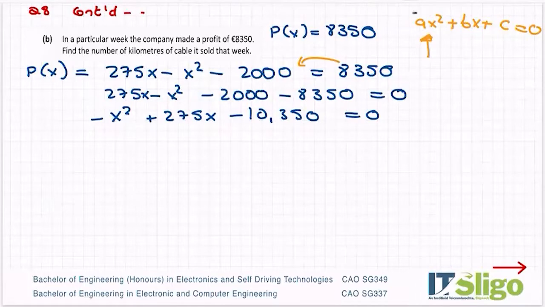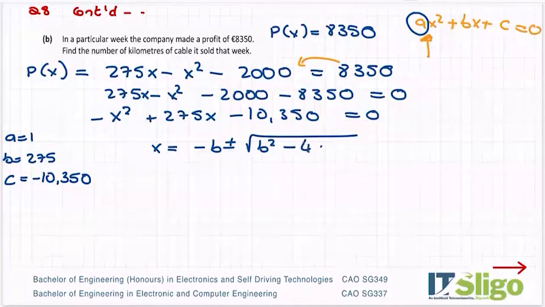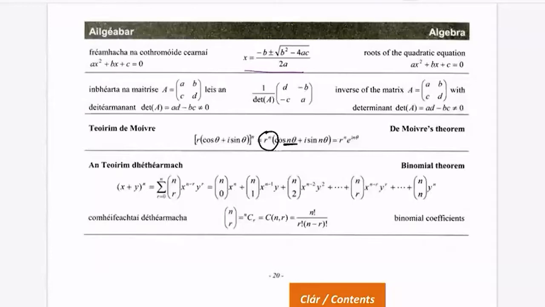Let's do the minus b formula. A is the number in front of x squared, so that's minus 1. B is the number in front of x, and c is the number on its own. X is equal to minus b plus or minus the square root of b squared minus 4ac all over 2a. It's in the log tables on page 20 at the top.